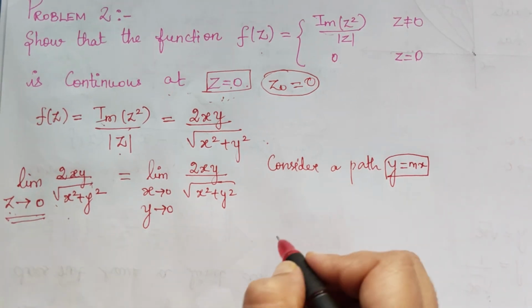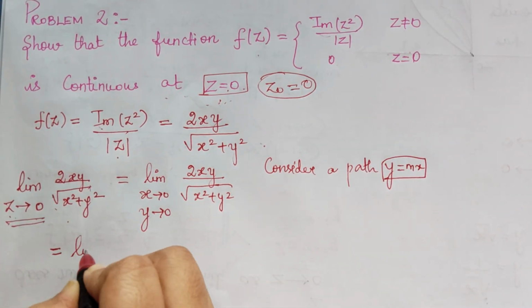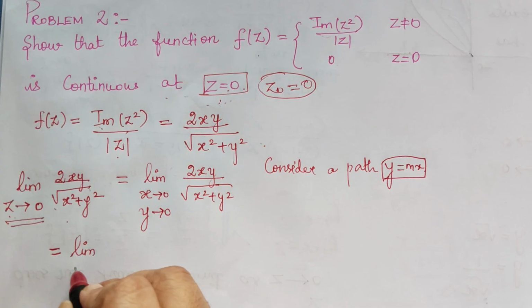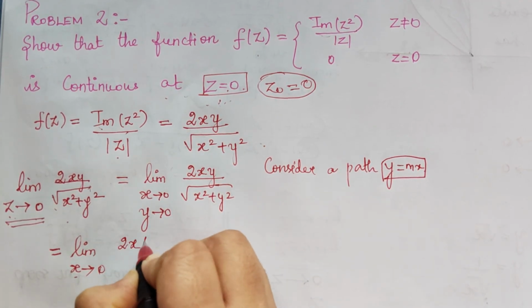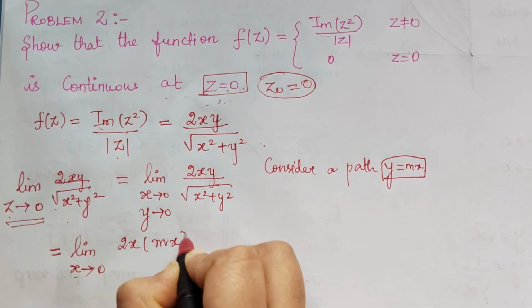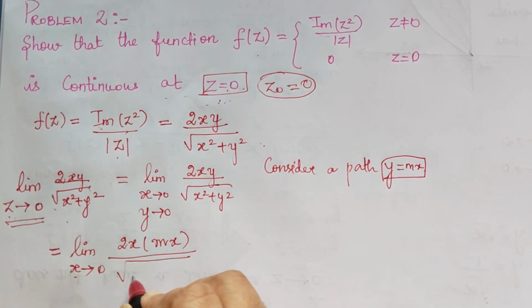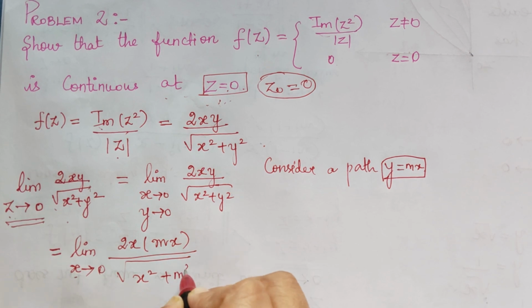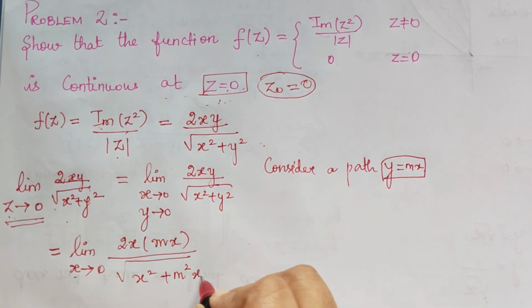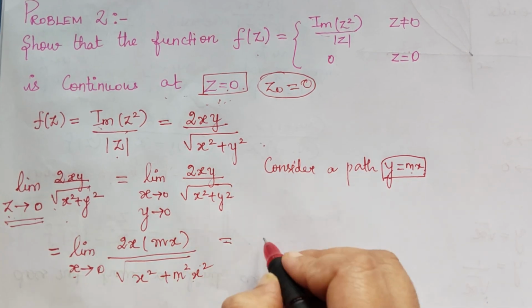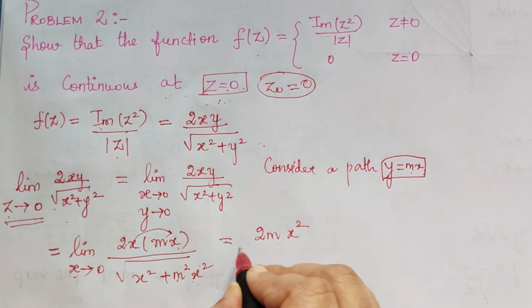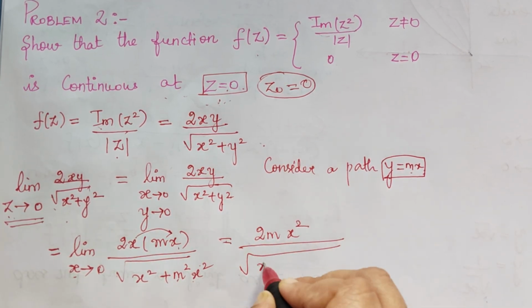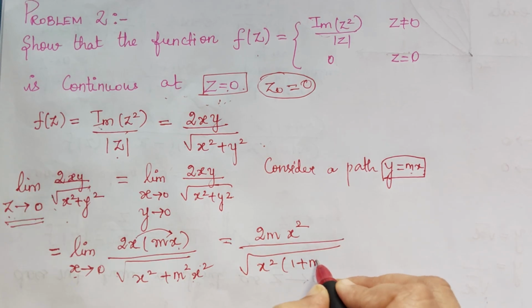Since we have changed y in terms of x, it is enough to take the limit for x. So 2x multiplied by y, which is mx, divided by square root of x square plus m square x square, because y is mx. So that is 2m x square in the numerator, divided by square root of x square, which is in common, times 1 plus m square.